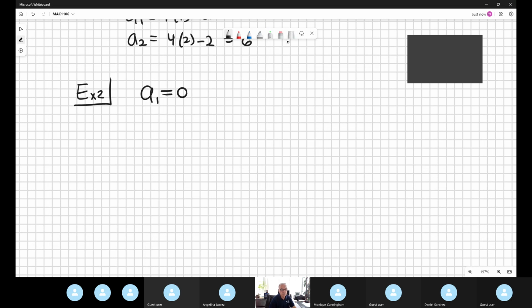So it's given the first element in this sequence is 0, okay? And the common difference is 1 over 10. So I have two questions. Question number 1, compute the a sub n explicit formula. And then evaluate a at position 27.